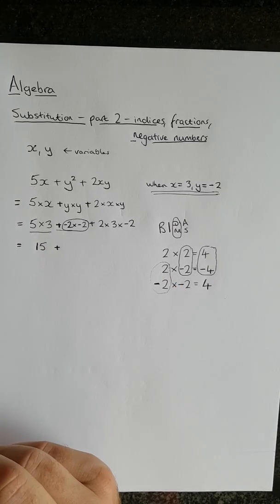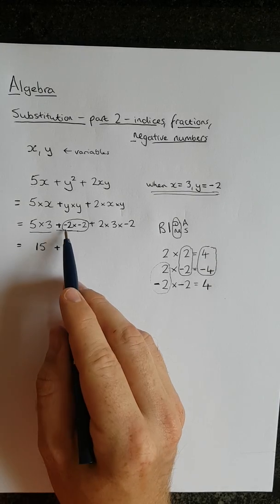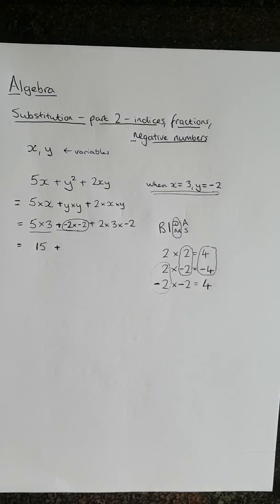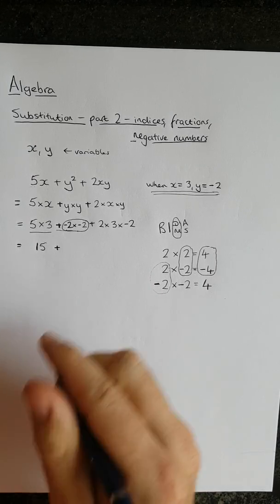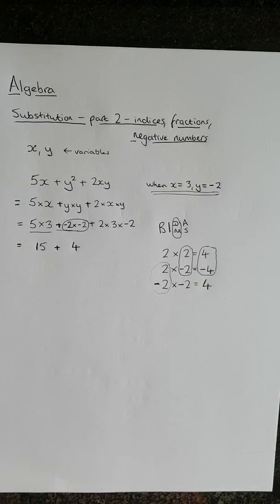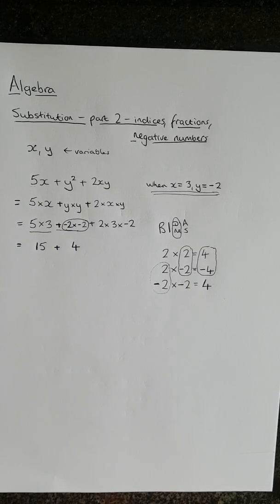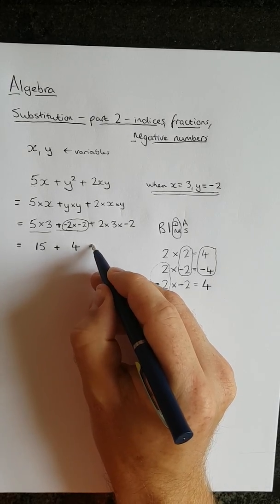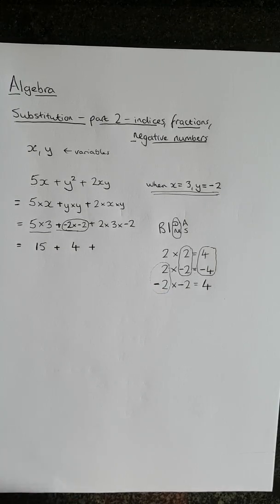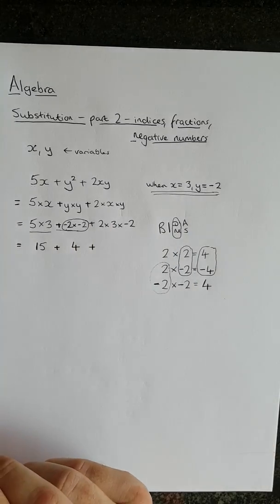So let's go back to here and put our answer in. Negative 2 times negative 2, or if you prefer, minus 2 times minus 2 is 4. So this confusing add and subtract next to each other isn't a problem now. Okay, I've written the add in because of BIDMAS.